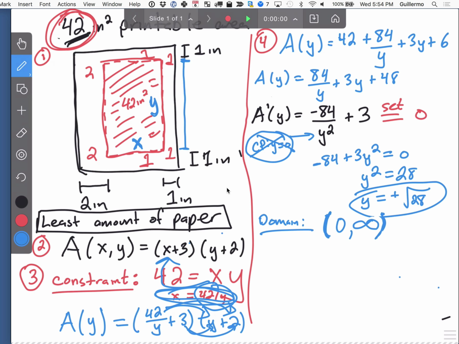So we're just going to do the first derivative test on the square root of 28, right? So we ignore 0, we ignore minus root 28, and we're just going to do the first derivative test on positive root 28 just to make sure that it actually is a minimum. Does that make sense?